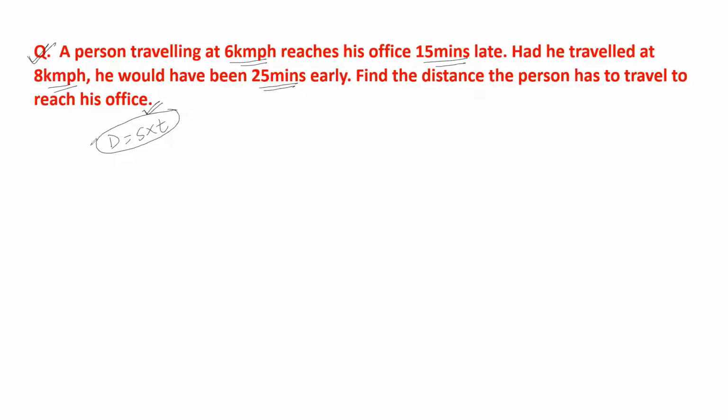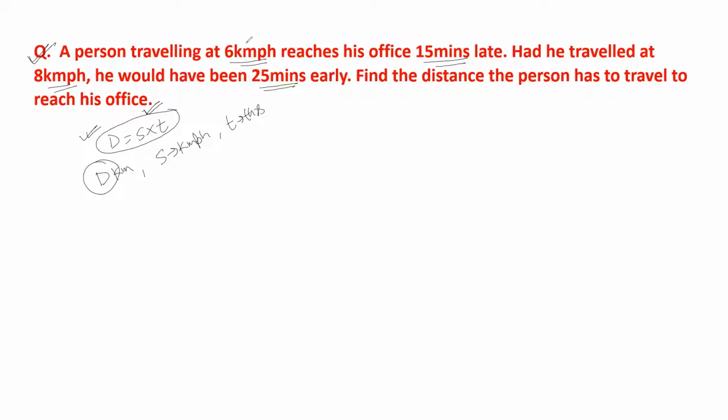So if we use the formula distance equal to speed into time, let us assume that the total distance that the person has to travel to reach his office is d kilometers, the normal speed is s kmph, and the normal time is t hours.